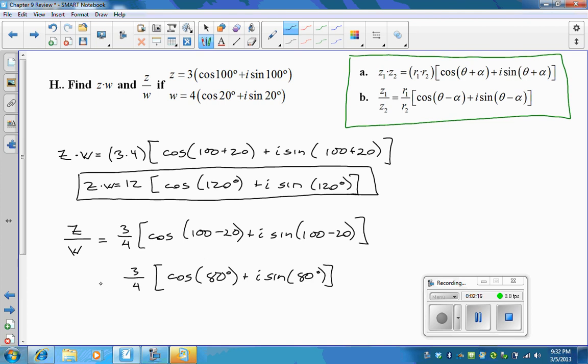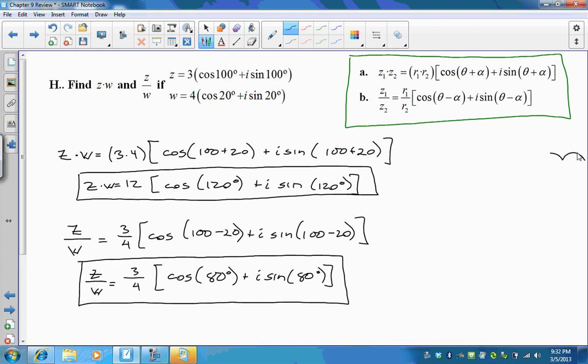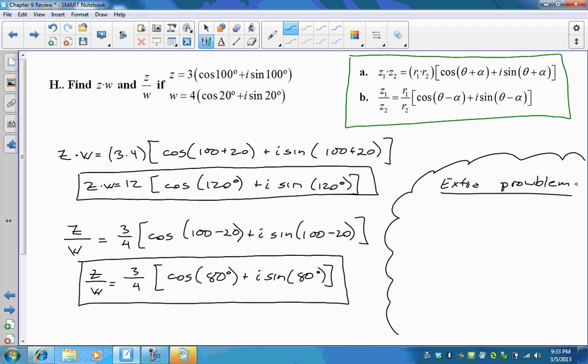So there's our answer. I do wish, when I was writing these problems, that I had done W divided by Z instead. The reason I wish that, I'll do it very quickly in this extra problem.